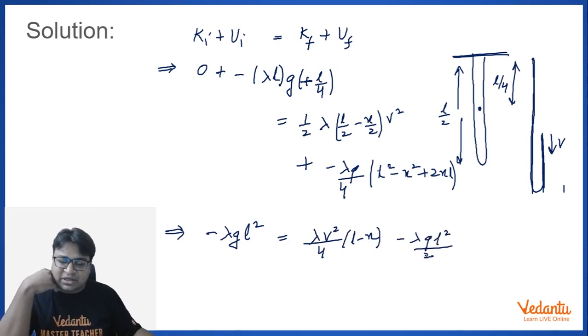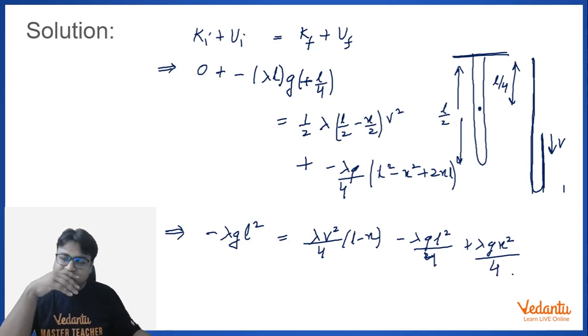I'm expanding this bracket now by 4 actually, and then plus lambda g x square by 4, and minus lambda x L by 2. g is also there.